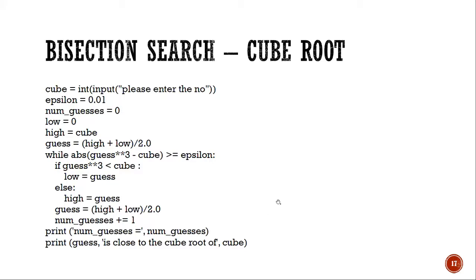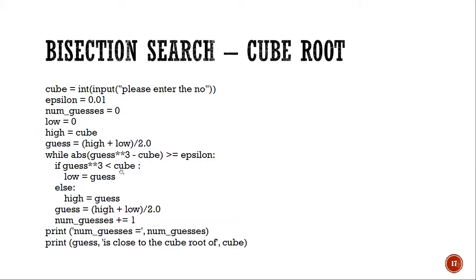Again, we would define the margin of error that we would like in epsilon. We define that the lower end of the search space is 0 and the highest potential value for the guess is cube, and then we take the midpoint of that range and check, using a loop, whether the guess cubed minus cube is less than this epsilon.